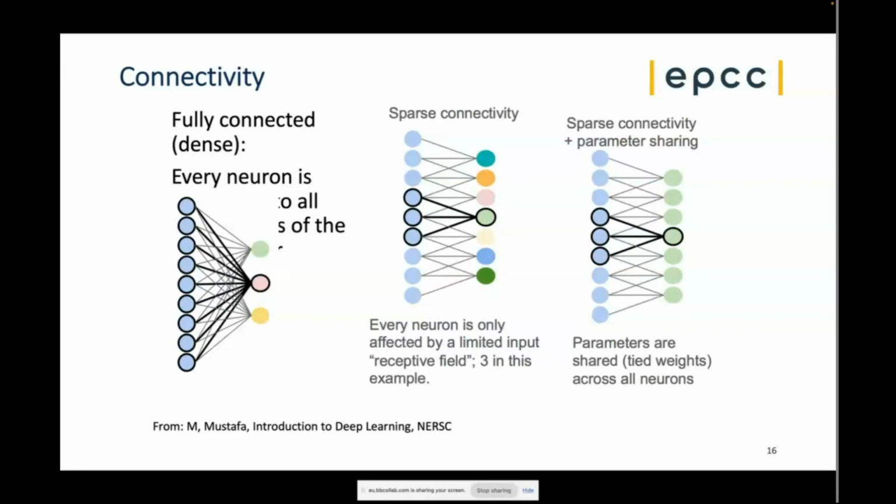That corresponds to the fact that, at least earlier in the neural network, an eye in one part of the image carries the same importance as there being an eye somewhere else in the image.